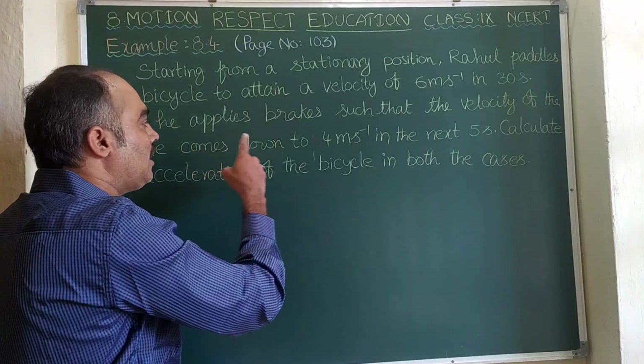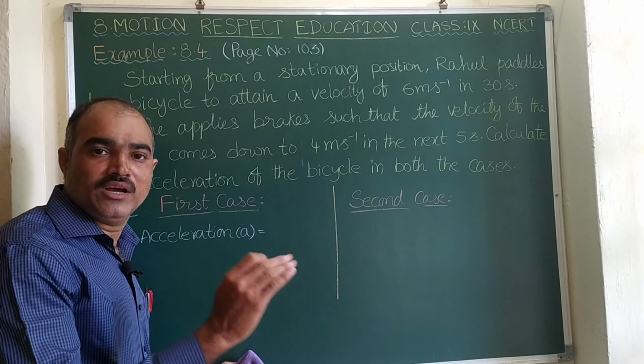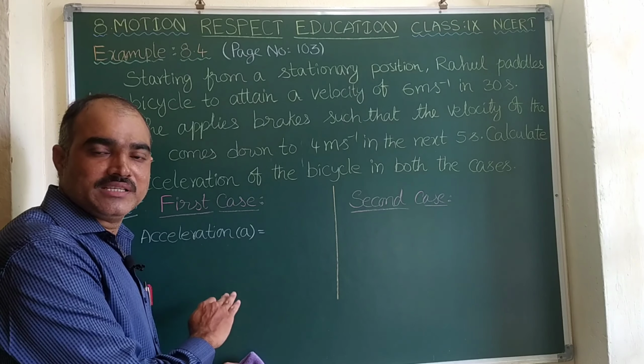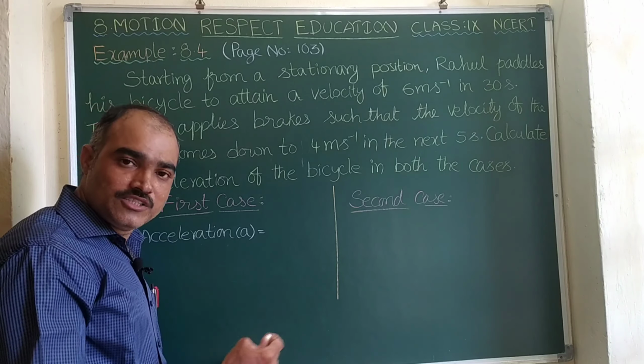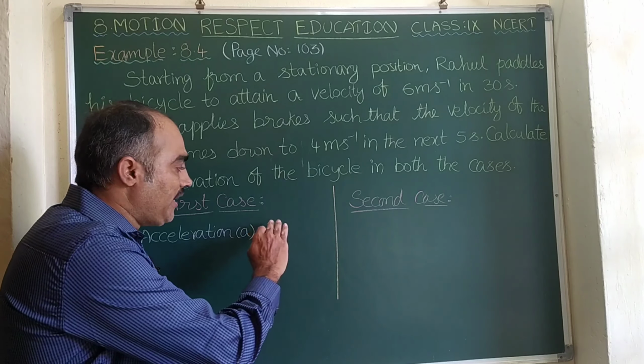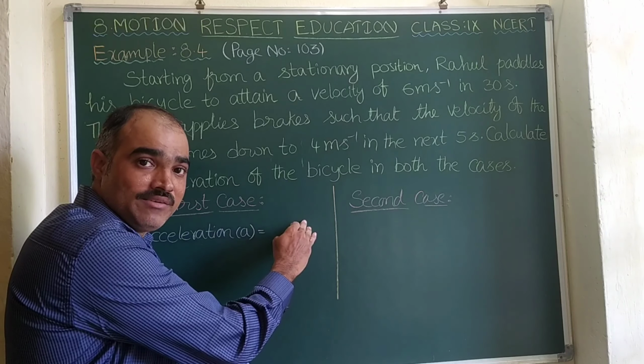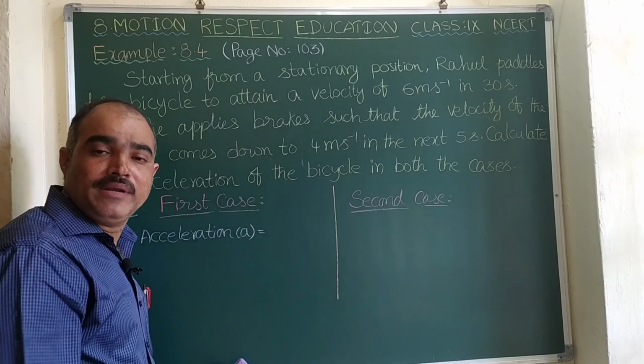First, let us write the acceleration formula. Acceleration, denoted by small a, is nothing but the rate of change of velocity. In other words, we can say final velocity minus initial velocity divided by time taken.